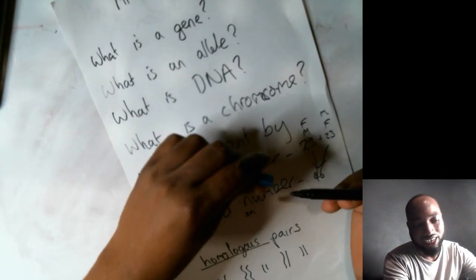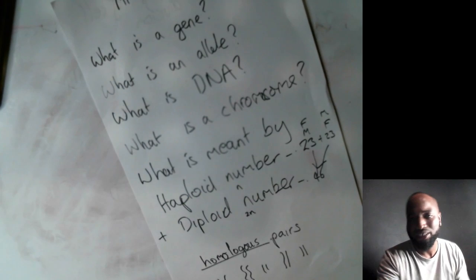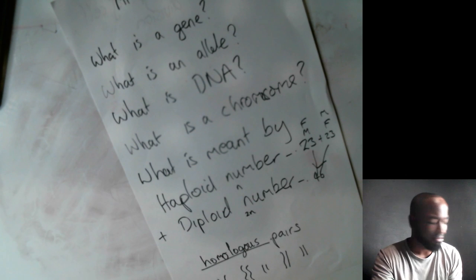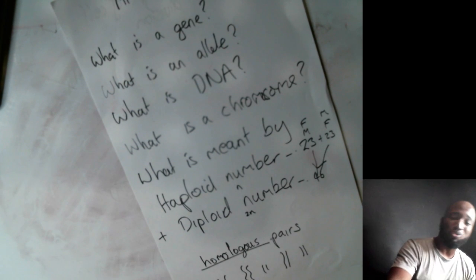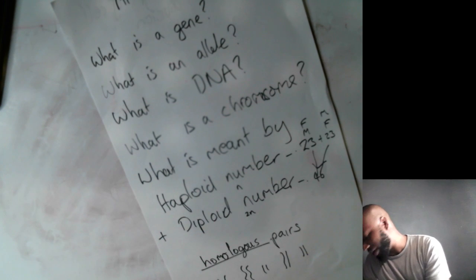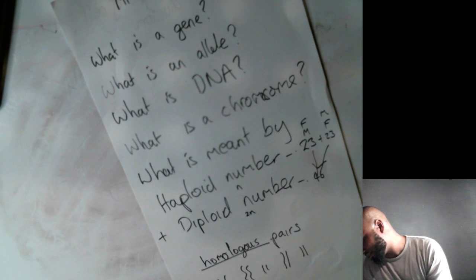Well, you basically have 23 pairs, but sometimes we exclude the sex chromosomes, I think that's what it's called. Gosh, I'm real rusty in some things, and you have to forgive me. The concept is there, but the terminology is kind of off.